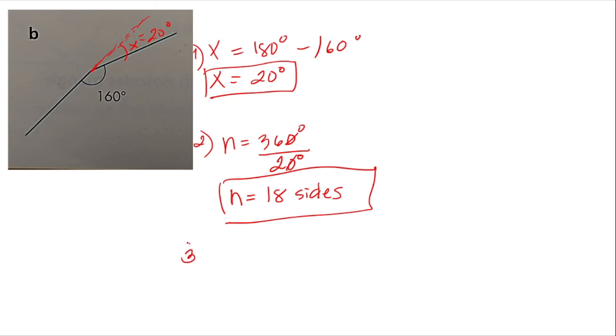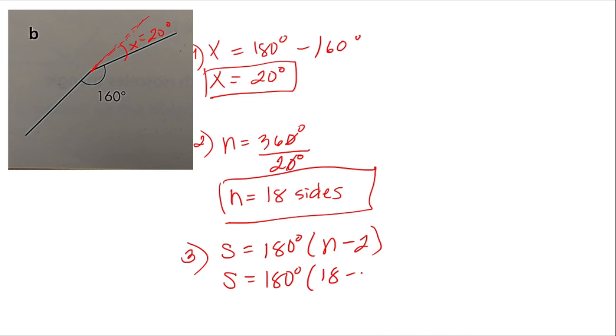Next, number 3, the sum of each interior angle. So the sum is equal to 180 degrees times n minus 2. Sum 180 degrees times ilan to? 18 minus 2. Okay.